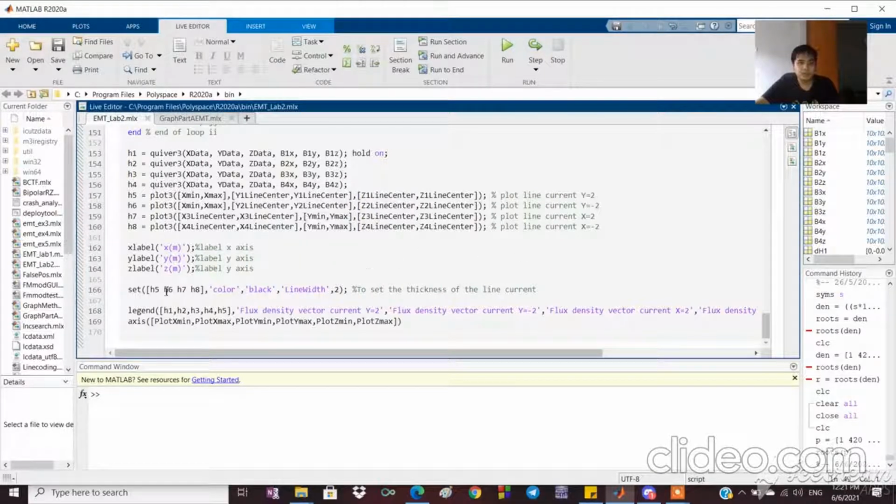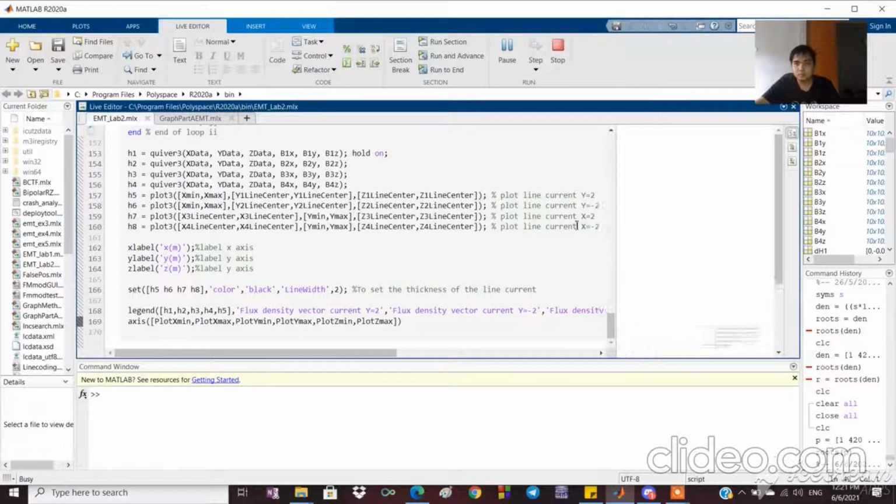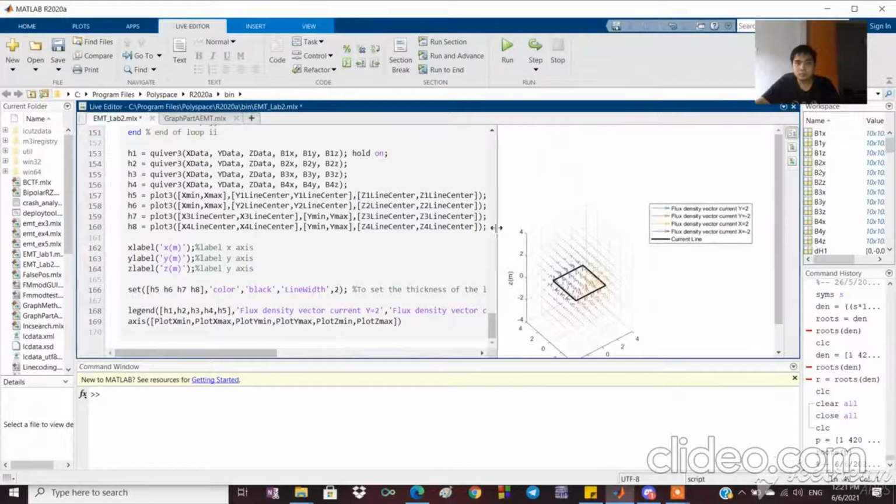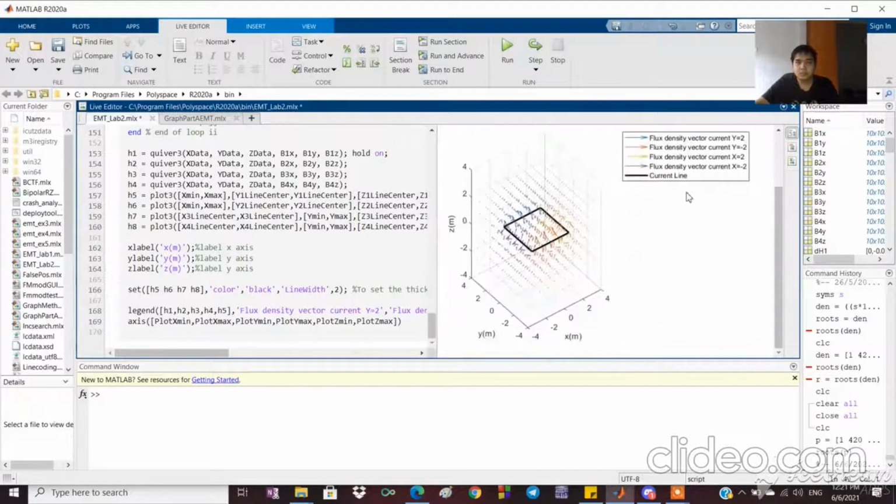From there, to make the current line even more visible, this is the coding. And here is the result of this coding. As we can see here, this is the result of the magnetic flux density using MATLAB.